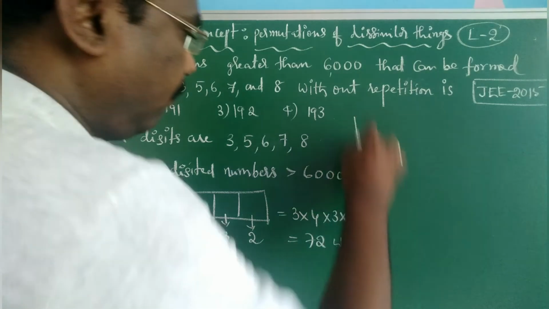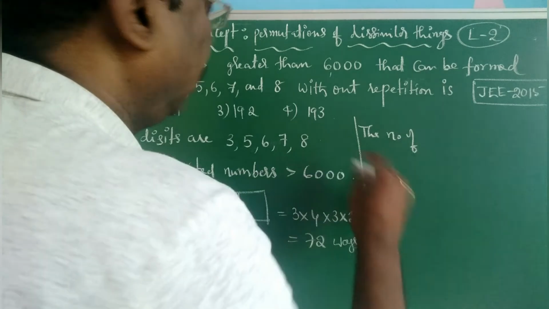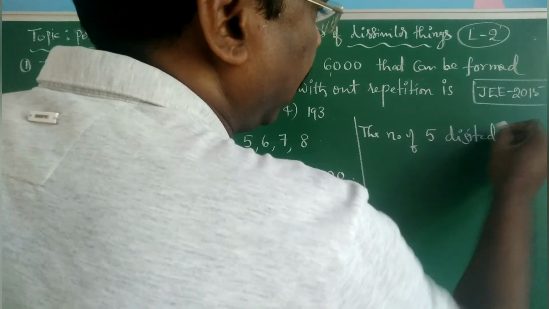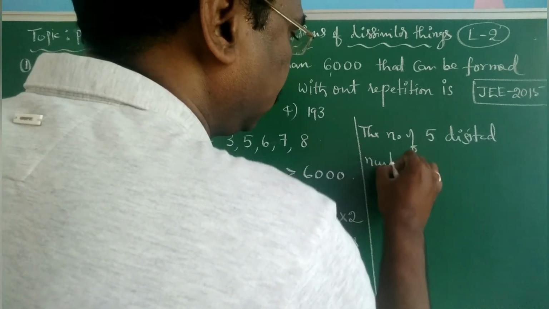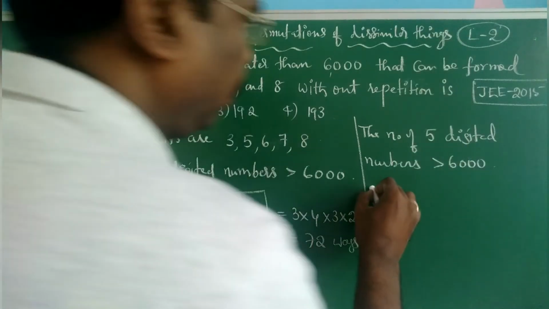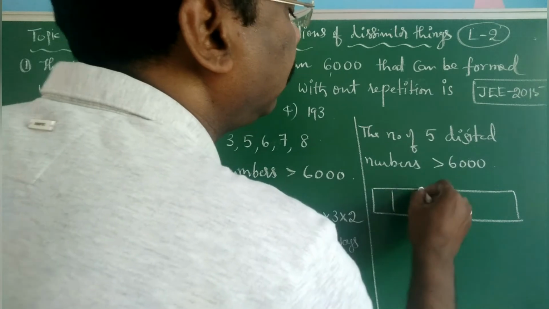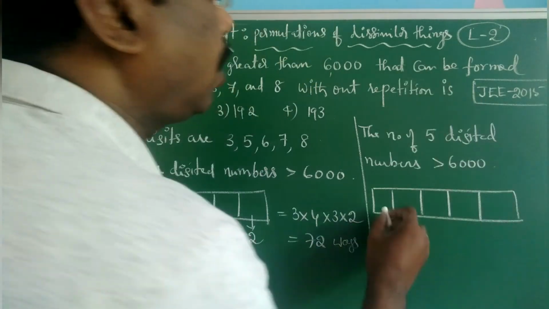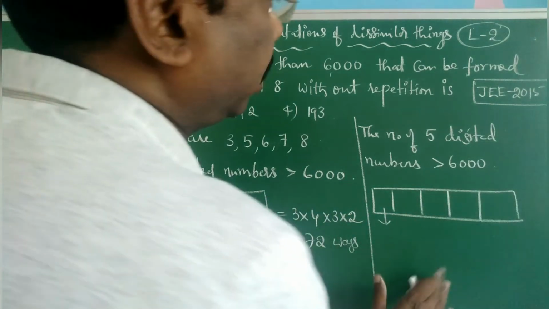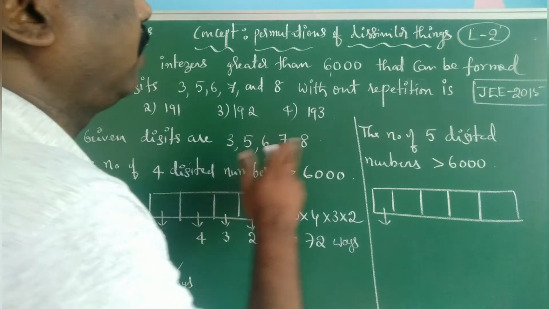Next, the number of 5 digit numbers greater than 6000. Now you take 5 places. Here 10,000 means you can take any of the digits 3, 5, 6, 7 or 8.